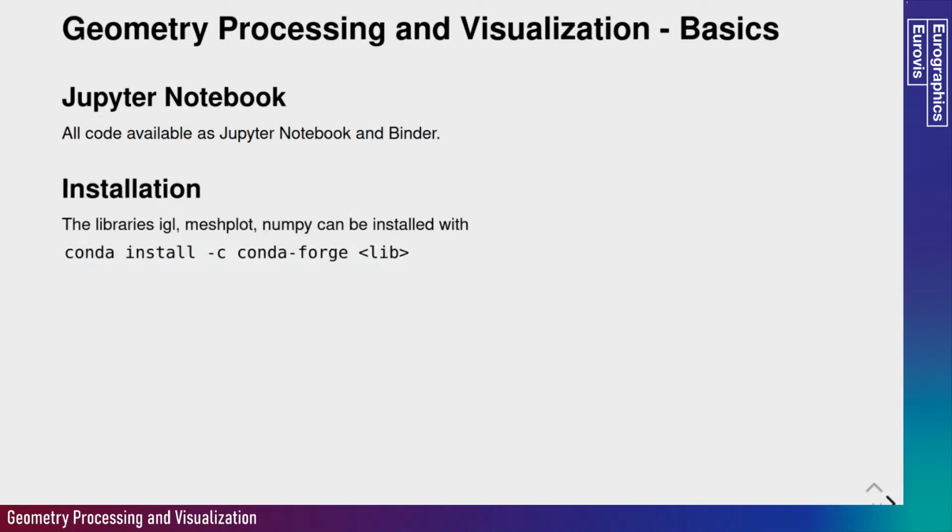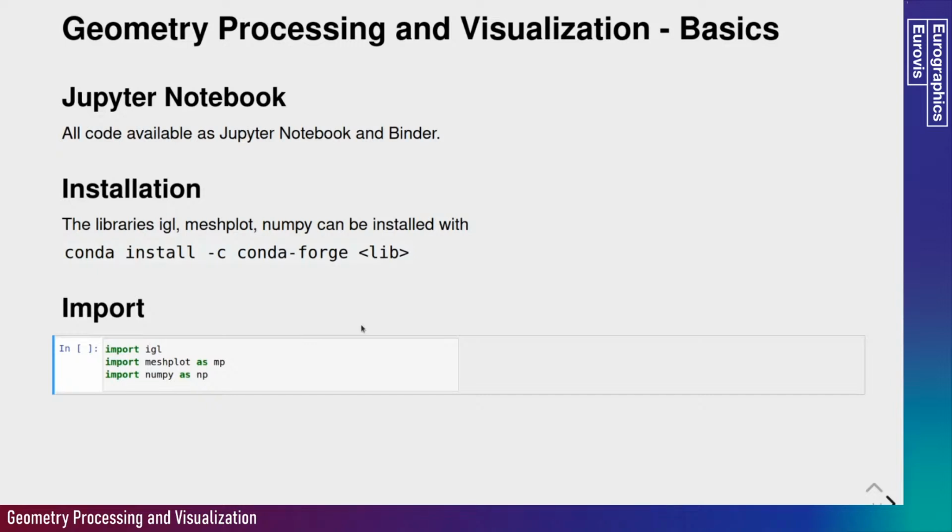For this tutorial, we need a few libraries. For the geometry processing, we need libigl. For the visualization of our results, we need meshplot. And for the data representation, we use NumPy. And all these libraries can be installed with Conda or Anaconda. And it's just the command conda install, and then we install the libraries from the Conda Forge channel.